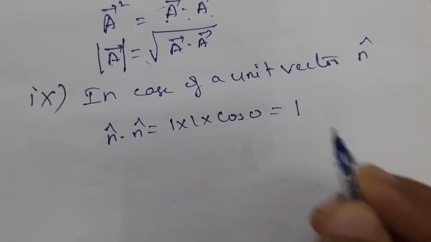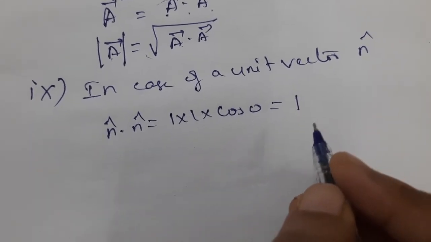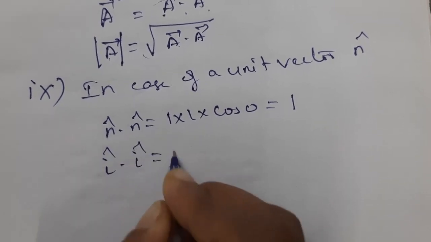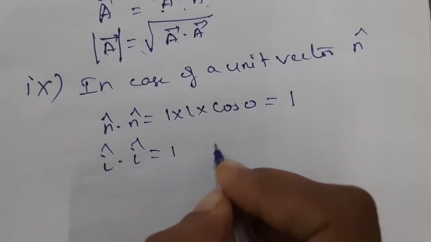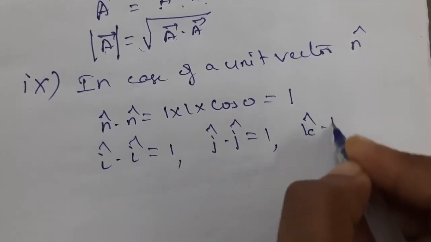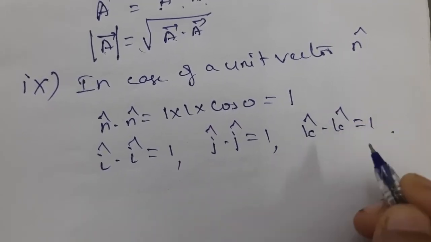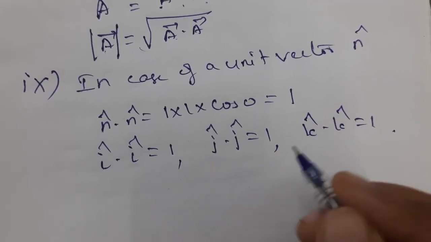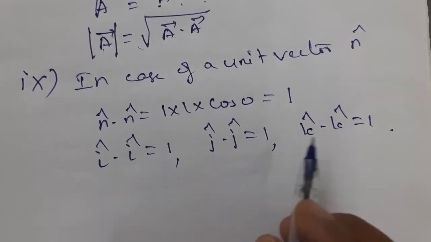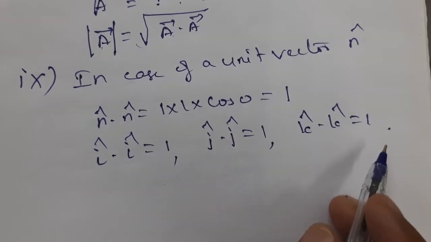That is nothing but 1. Actually, we can write I dot I is equal to 1, J dot J is equal to 1, K dot K is equal to 1. So in case of unit vector, I dot I equal to 1, j dot j is equal to 1, k dot k equal to 1.